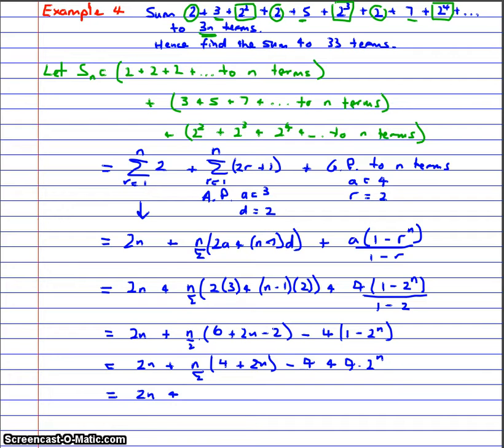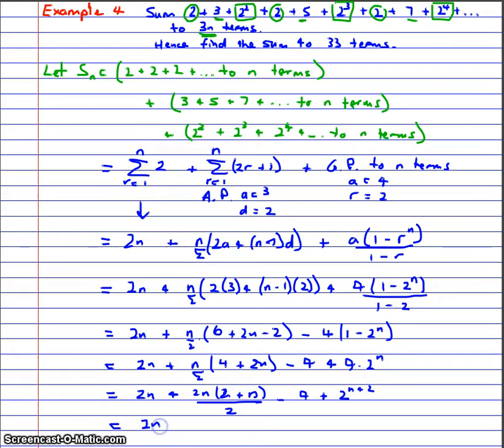So we can take out a common factor there. That's 2n plus n over 2 minus 4 plus, now 4 can be written as 2 squared, so 2 squared times 2 to the n will be 2 to the n plus 2.